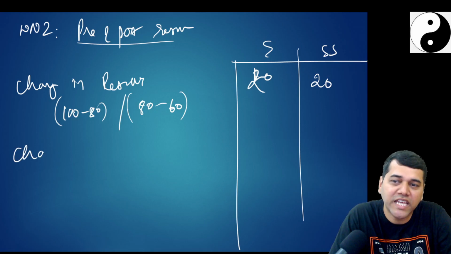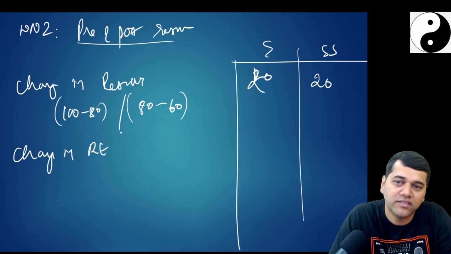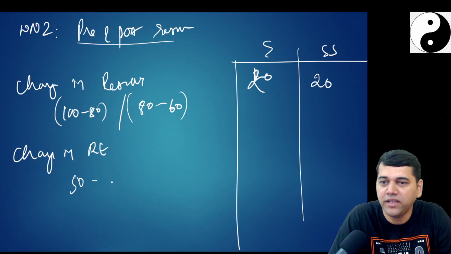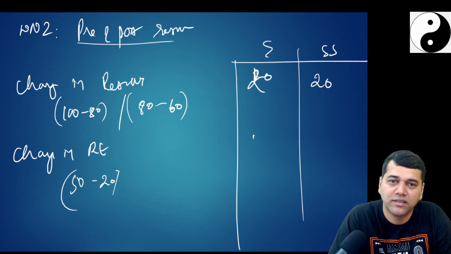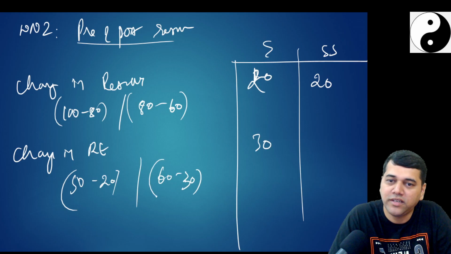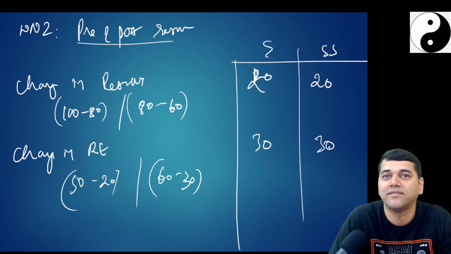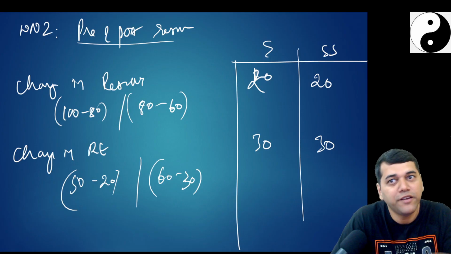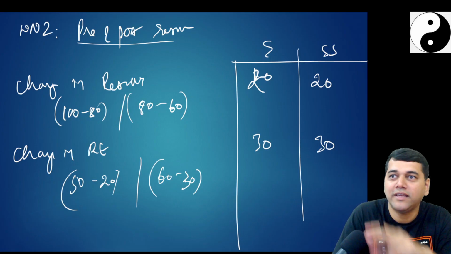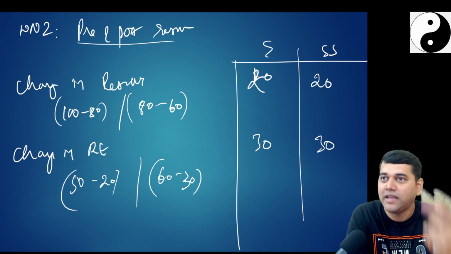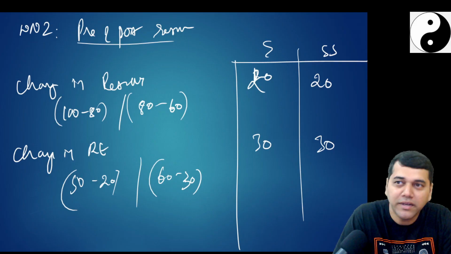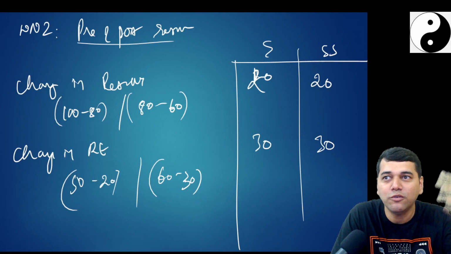Now, is there any change in retained earnings? What is closing retained earnings? 50 minus 20, 30. For SS 60 minus 30. Again, beautiful number. Was there any dividend declared by somebody? They could have complicated it more, no? Telling S Limited gave dividend to SS and S1 gave dividend to parent. Same treatment, but it looks more complicated.